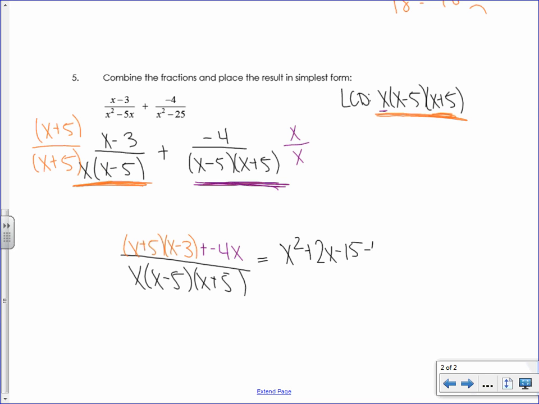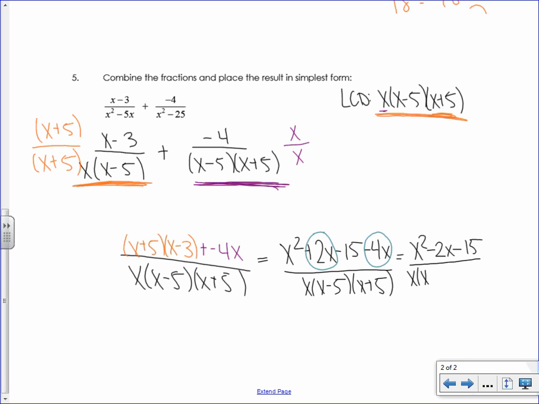And now I still have this plus -4x tacked on the end. And now with my numerator, I have some like terms that I can combine, right? Because I've got a 2x and a -4x. So this becomes x squared minus 2x minus 15. Still all over this stuff.